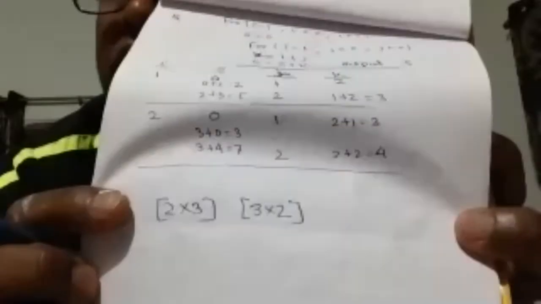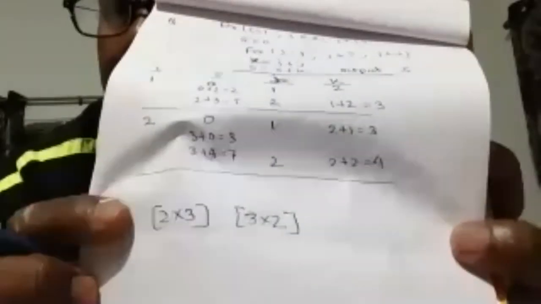It should be 2 by 3 and 3 by 2, like this way. Or it should be square, 2 by 2 and 2 by 2.